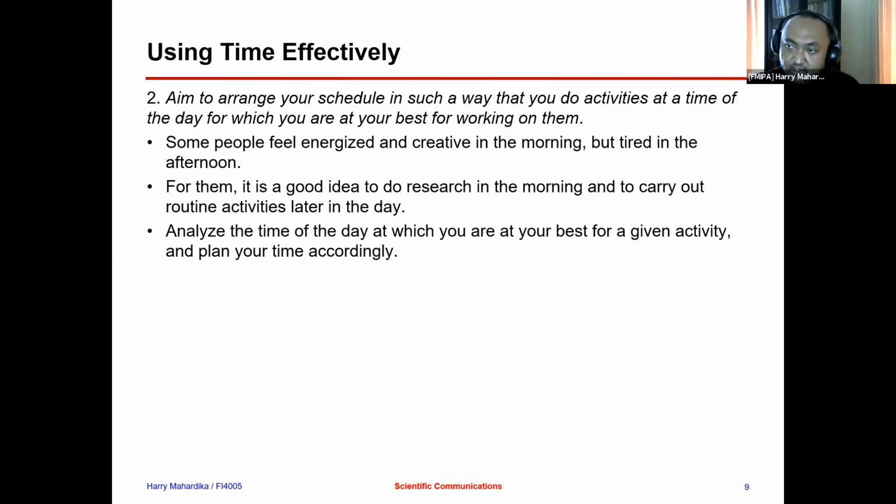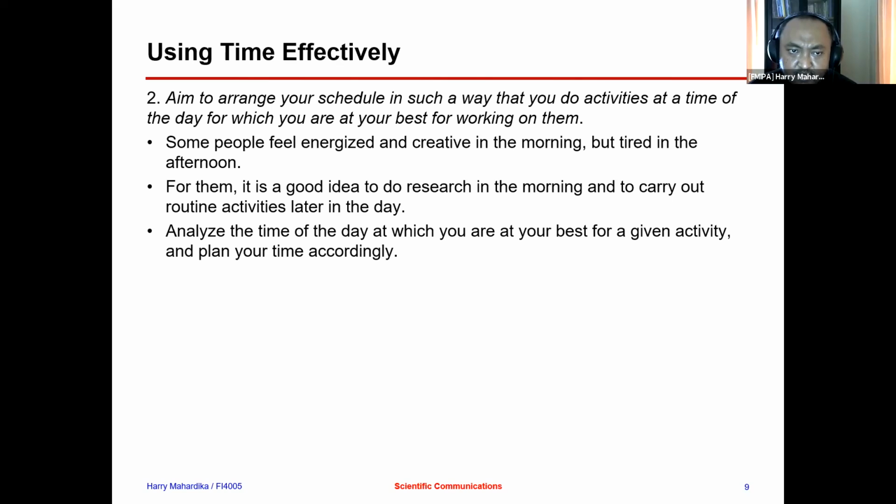So after we make the schedule, we need to know what our productive times are, so that the activities that have priority, important and urgent, are done in the selected time frame in which we are doing our best.